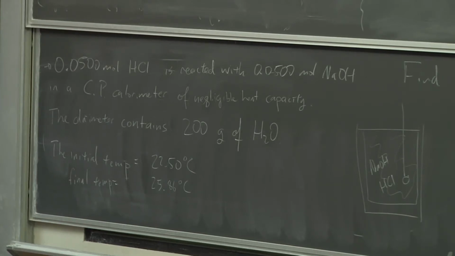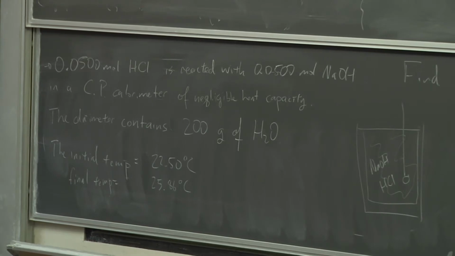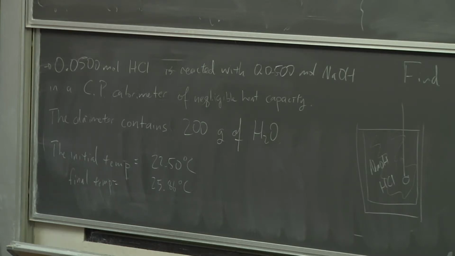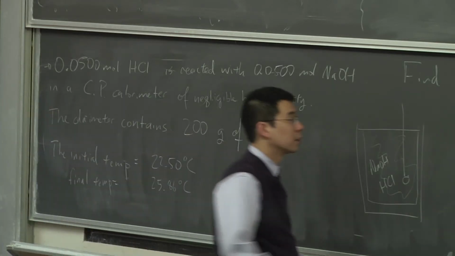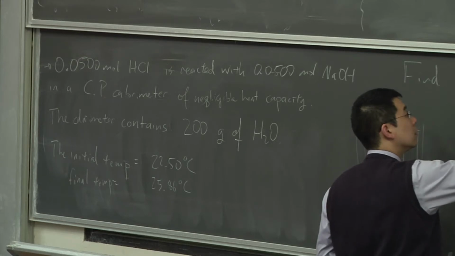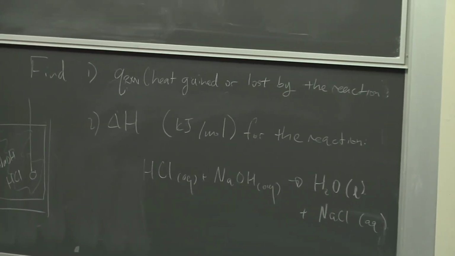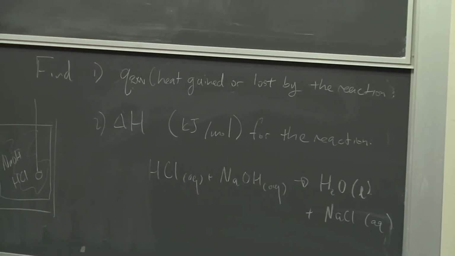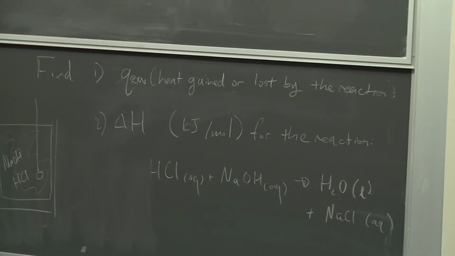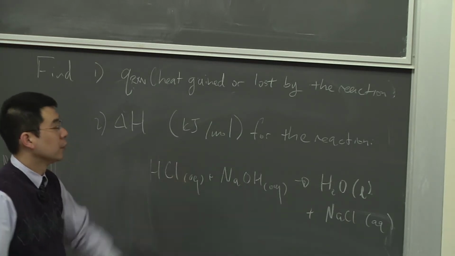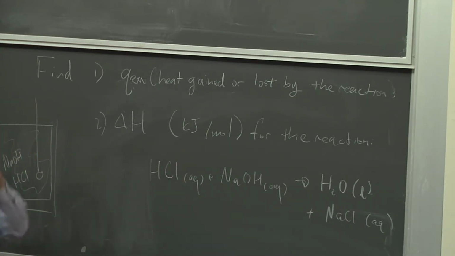So find two things. One is Q, how much heat was gained or lost by the reaction. So this is the Q of the reaction. And find delta H. This is a point that was made earlier: delta H is per mole. It's generally reported as joules per mole or kilojoules per mole for the reaction.